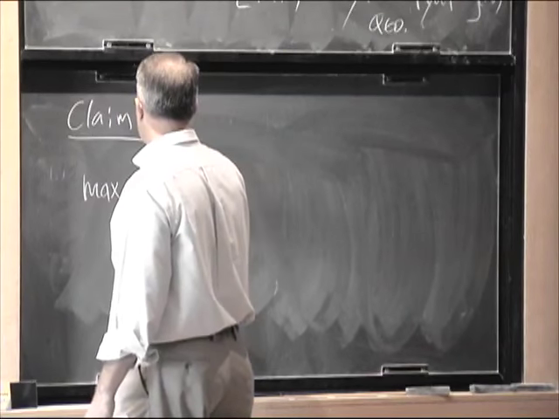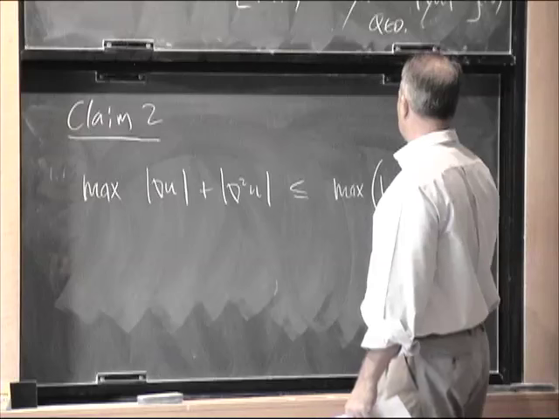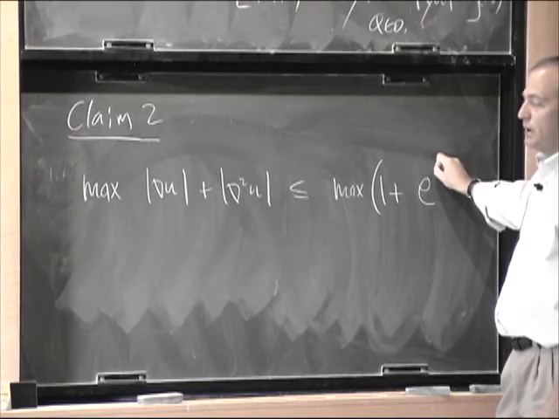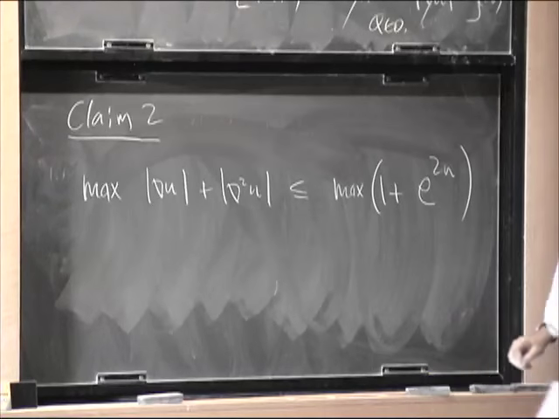The maximum, say the gradient plus the Hessian, is bounded by the maximum of 1 plus, okay, the usual form of the local estimates, you have an e to the minus 2u over here, but because we switched the sign on the right-hand side, it switches here in the expression for the local estimates, so you get this.